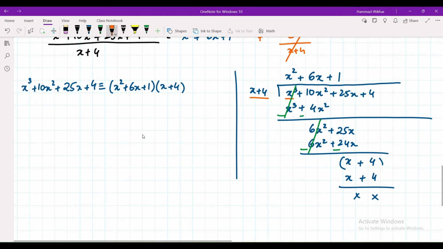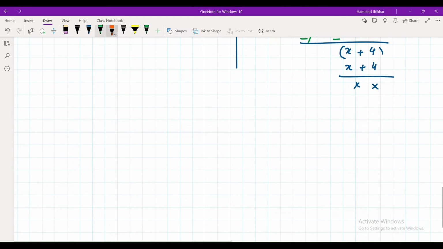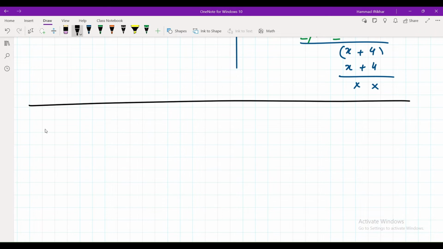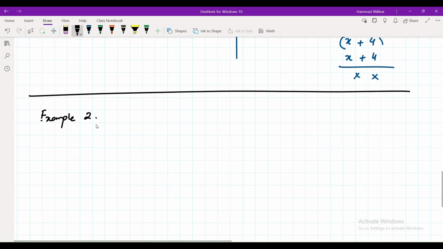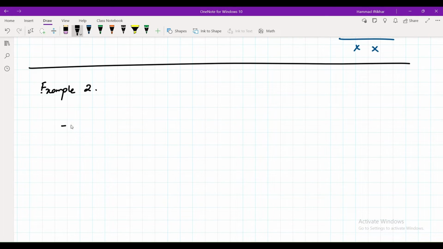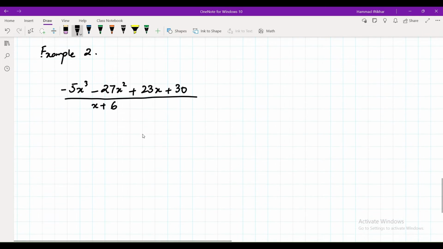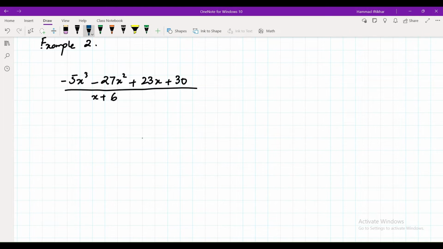Let's say we have a cubic expression starting with a negative coefficient of x cubed. So let's say we have minus 5x cubed minus 27x squared plus 23x plus 30 divided by x plus 6. So let's repeat the process.